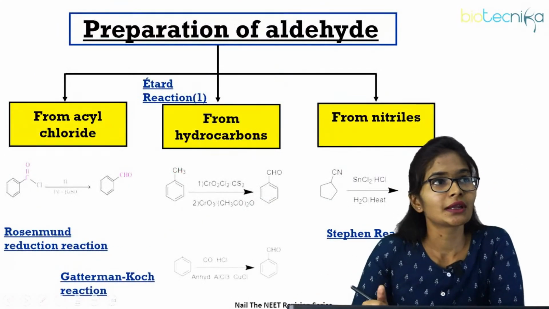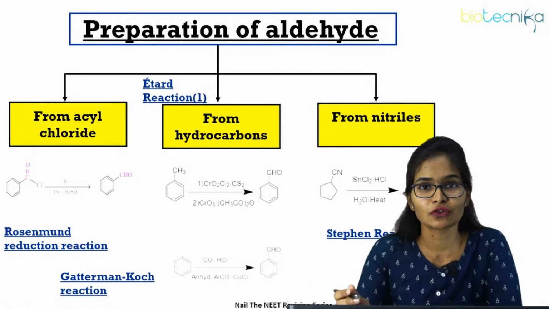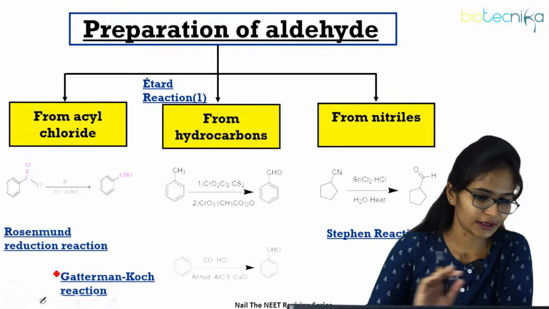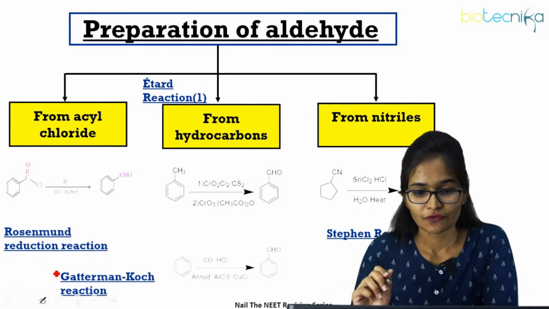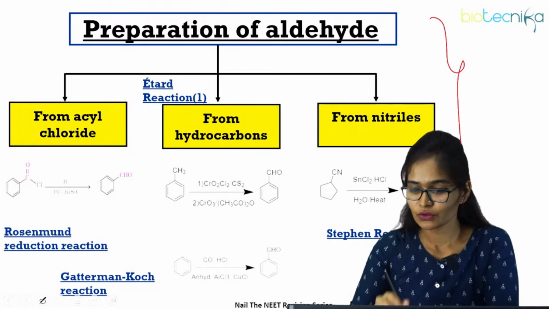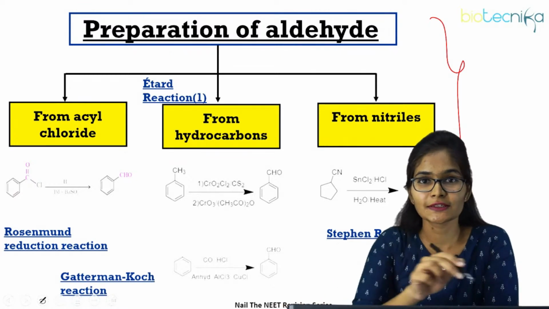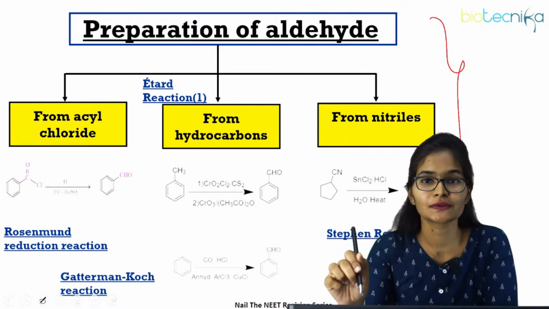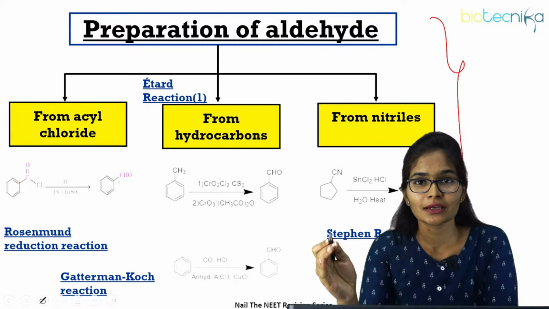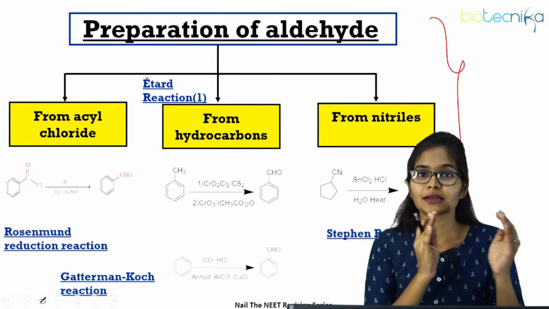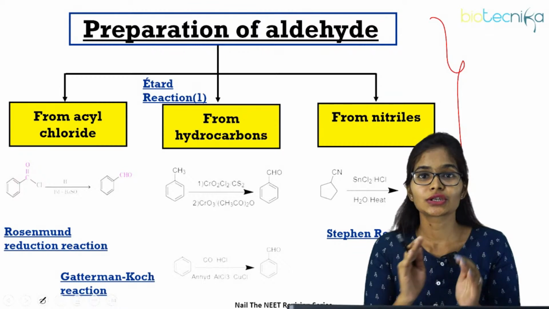Coming to the next, preparation of aldehyde. Let us look at only the preparation of aldehyde. In case of preparation of aldehyde, you can look at the overall flow chart. Whenever you are studying any reaction, you have to make a flow chart in such a way that you can study by comparing each reaction.